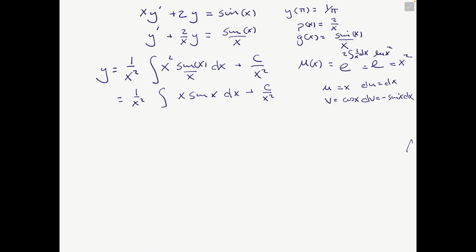So we get our usual. We got our x cos x equals minus x sine x dx plus cosine dx.